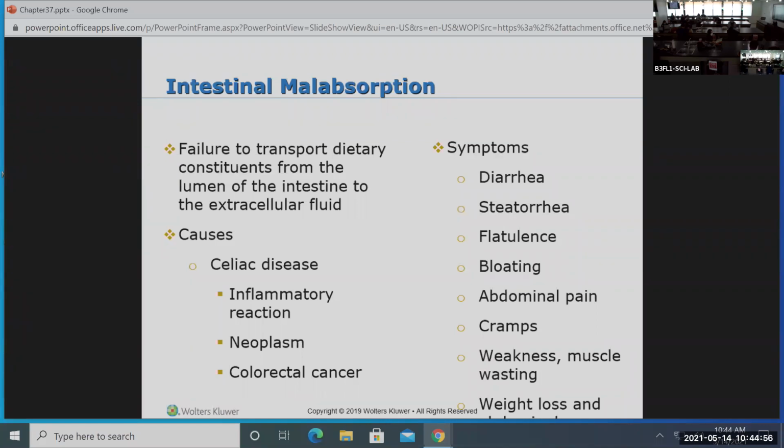Normal smell is there, but on top of the normal smell, they have a foul smell. And the stool is bulky. That is because I am losing the fat which I took in my diet. Nothing goes into my absorption, it's everything in my stool. Steatorrhea: fatty, bulky, foul smell.